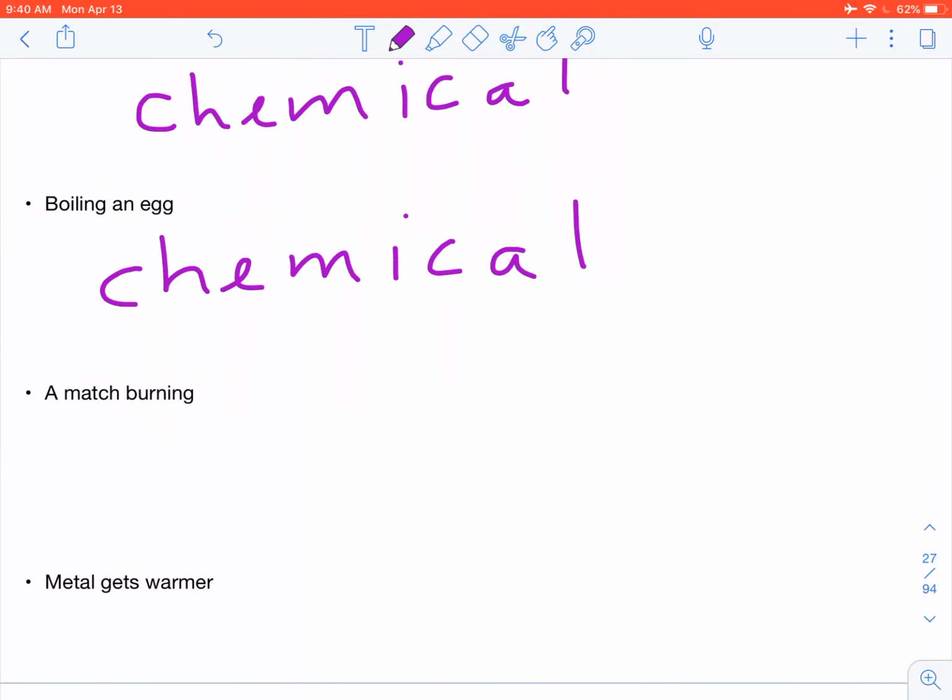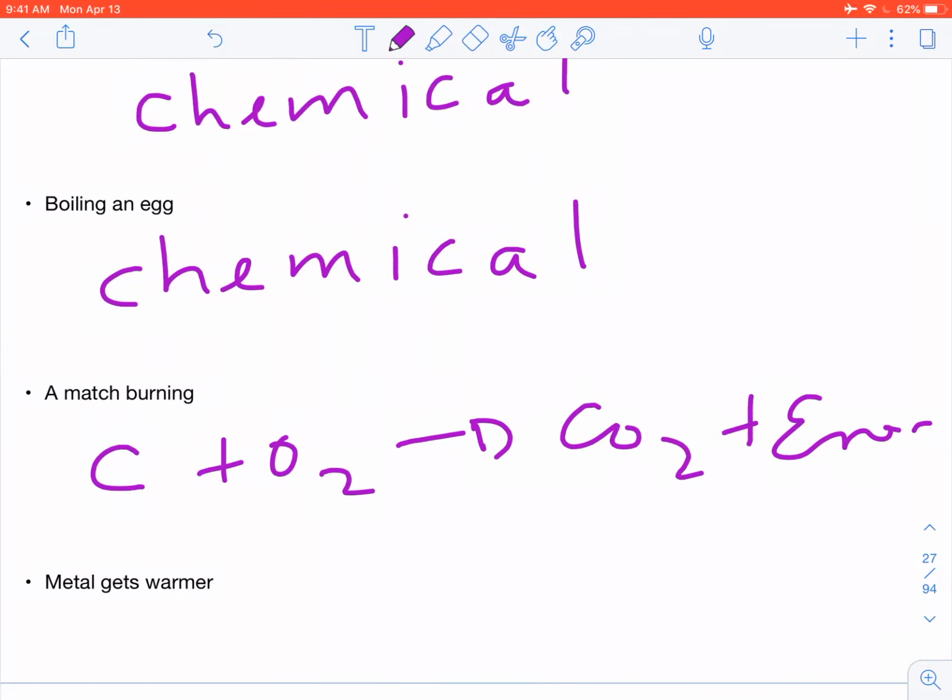A match burning, a match is like carbon, and it burns, and then it gives off CO2 plus energy, right? So we see that flame as energy that's being given off.